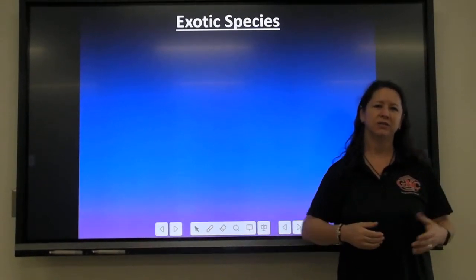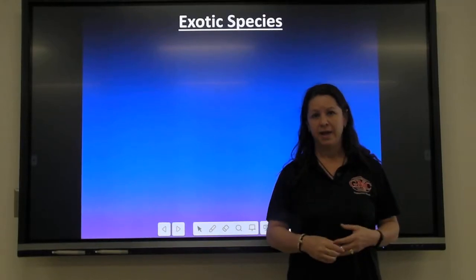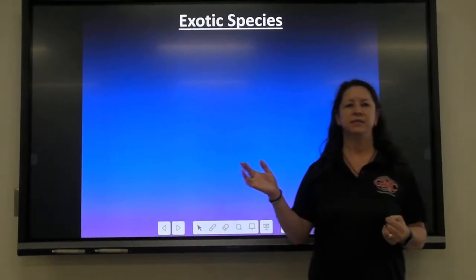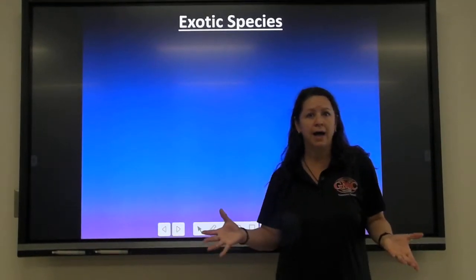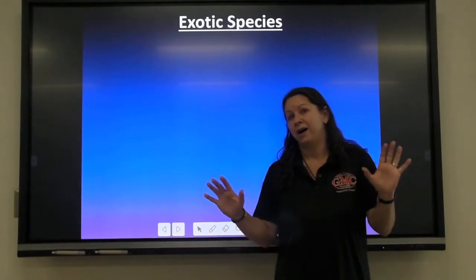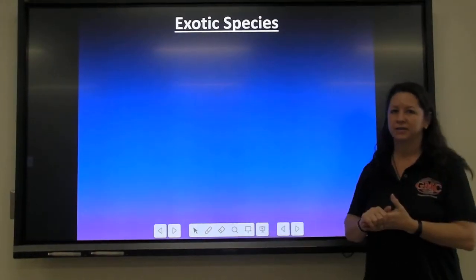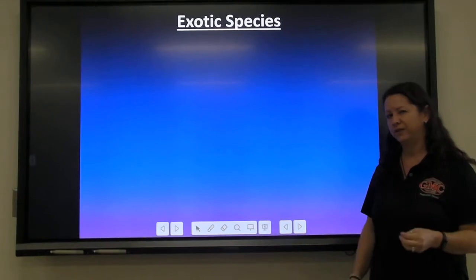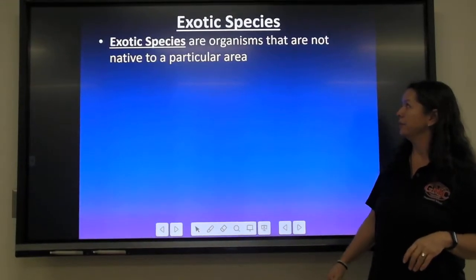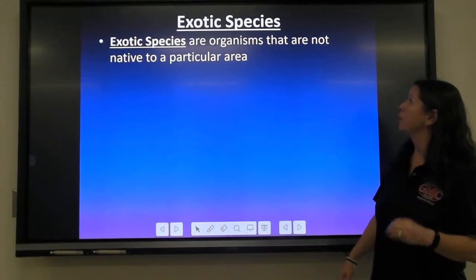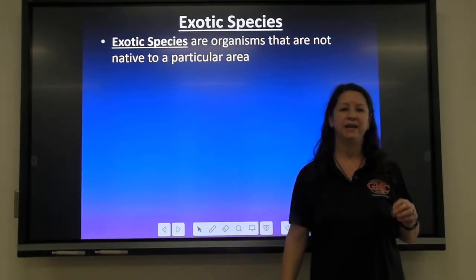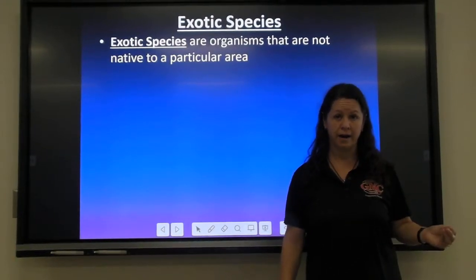So I'll go ahead and start talking about it right here at the beginning, and that is exotic species. Now, most people hear exotic and they think, ooh, great. No, exotic species are actually not very good within an environment. So this is any organism that is not native to a particular area.